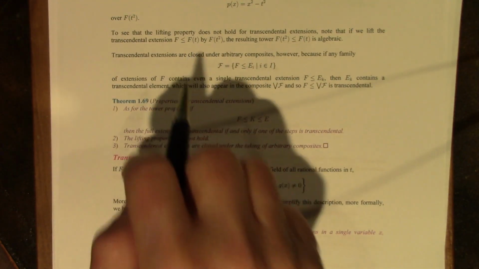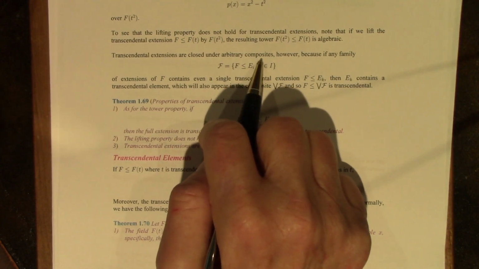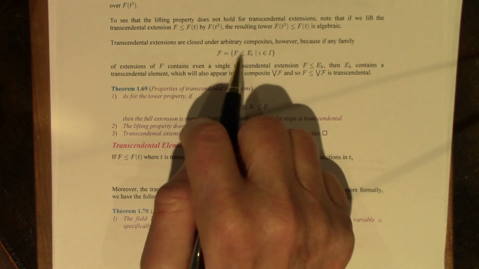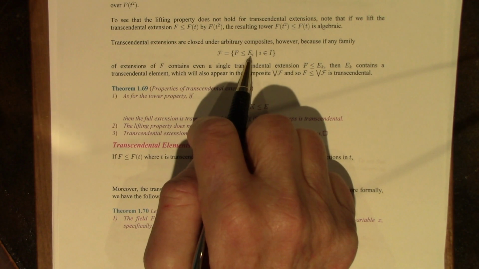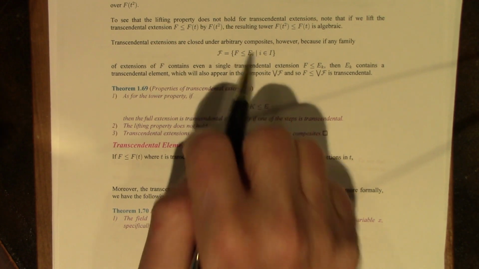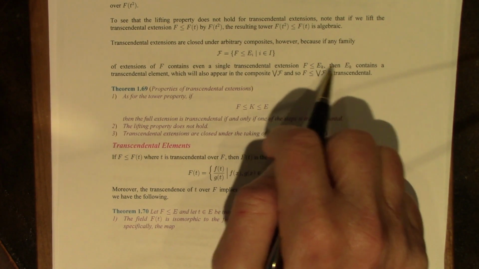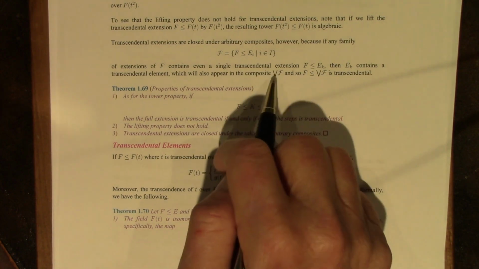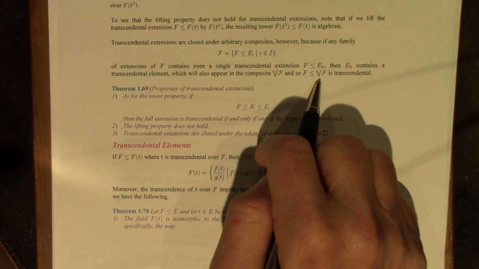Transcendental extensions are closed under arbitrary composites, because if we have a family of field extensions, and even if a single one of these, say FEK, is transcendental, then EK contains a transcendental element, and that's going to appear in the composite, and so this is transcendental.